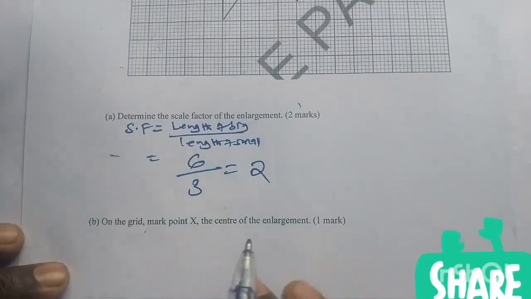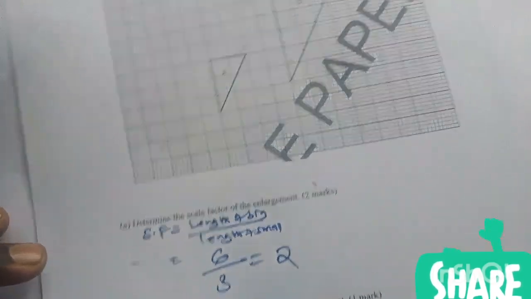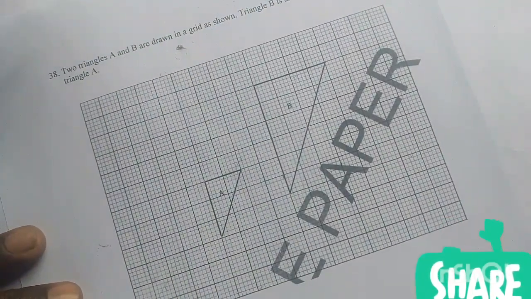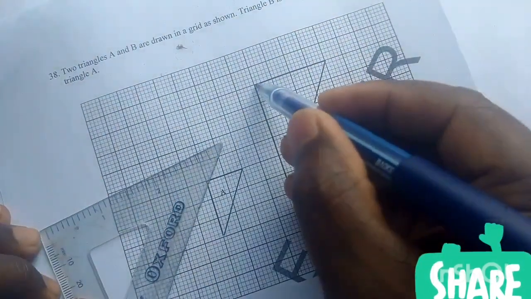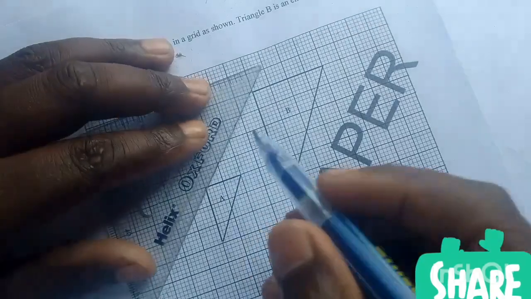On the grid, mark the point X, the center of enlargement. To get the center of enlargement, remember this point here is the same as this point. So you can use that, draw a line on that point.